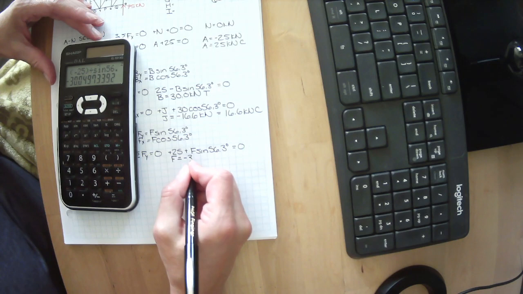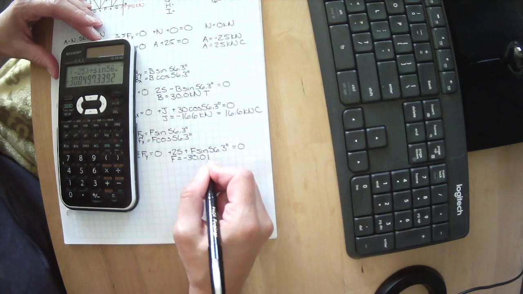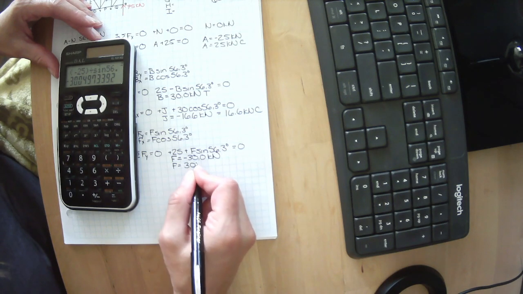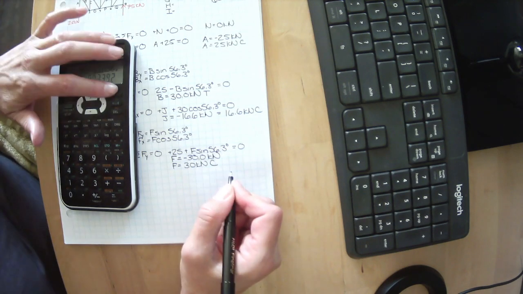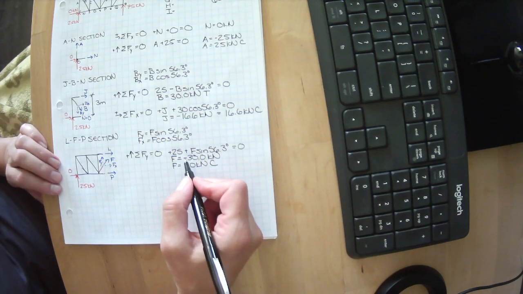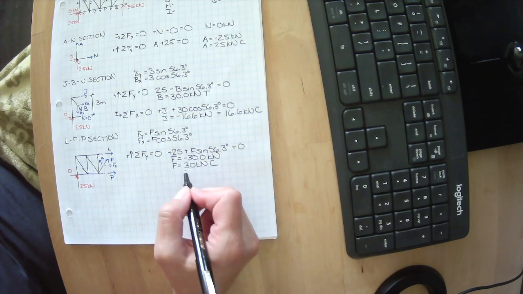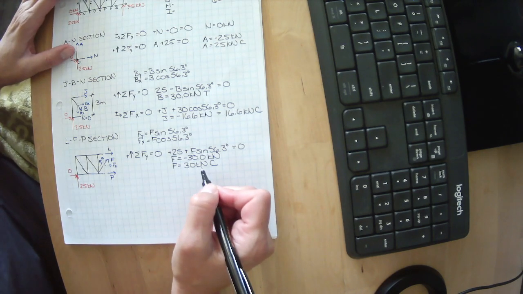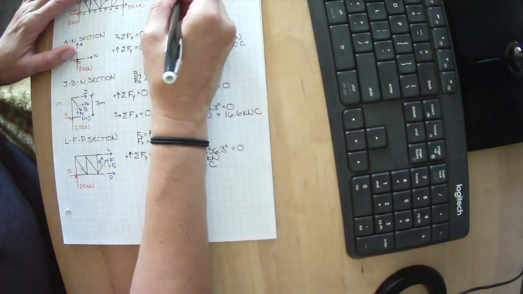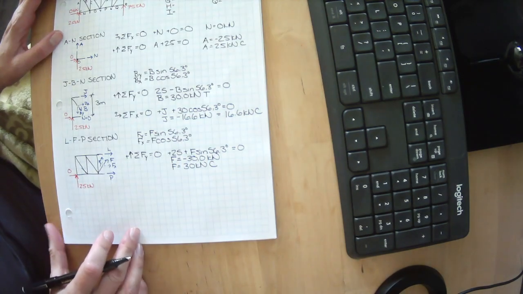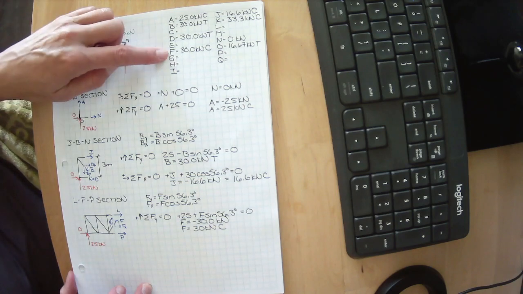F equals minus 30.0 kilonewtons, or F equals 30 kilonewtons of compression. I had guessed that it was in tension. A negative number tells me that whatever I guessed was wrong. So I guessed tension, that means it's actually in compression. So F equals 30 kilonewtons of compression, and I've just filled that in to my chart.